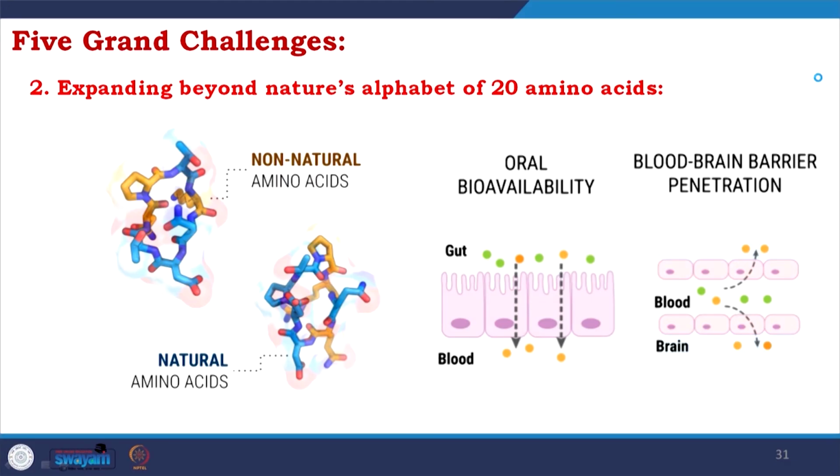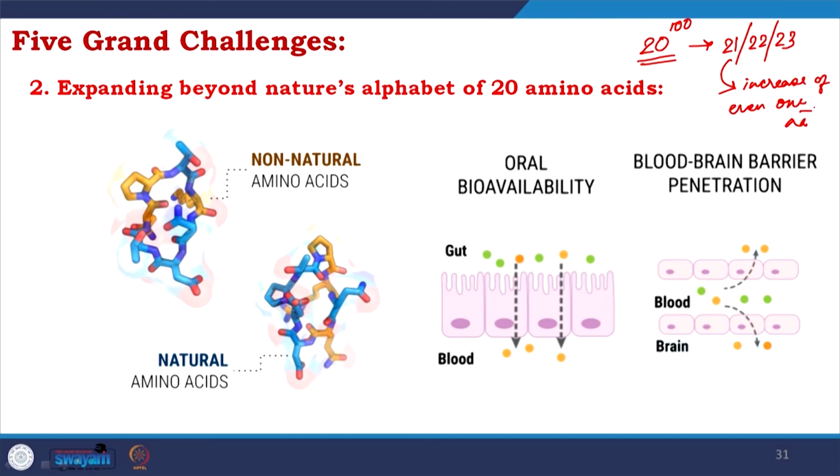So, if you remember, you just do the mathematics, 20 to the power 100, you see the number, and then do 21, 22, 23, and you see the increase with the addition of even one amino acid.